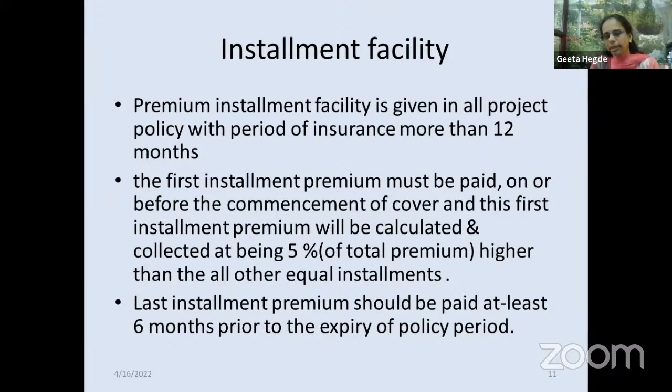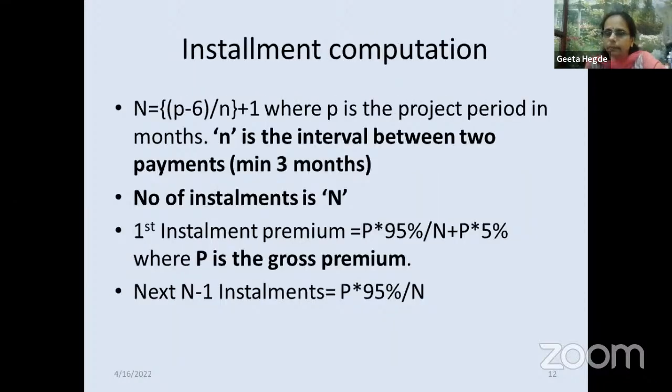So there are three major conditions: the policy must be for more than 12 months, the first installment is paid in the beginning and should be higher by 5%, all others are equal installments, and the last installment is paid 6 months prior to the expiry of the policy period. Now there is a formula, but you can see later how to arrive at each installment premium.